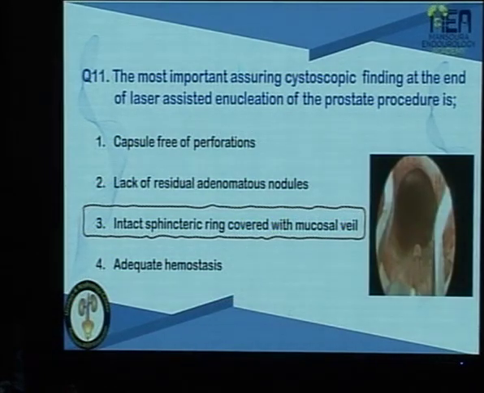Such a nice view is after one of our surgeries. The sphincter itself is intact, with the covering mucosa also intact, and the patient is 100% continent immediately after removal of the catheter.